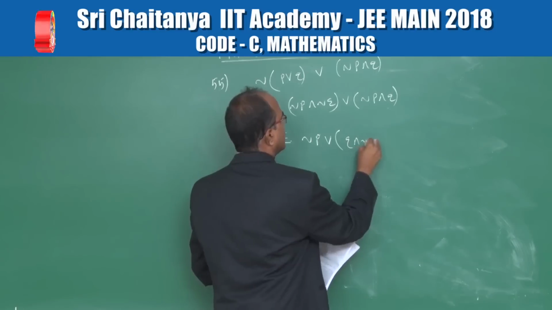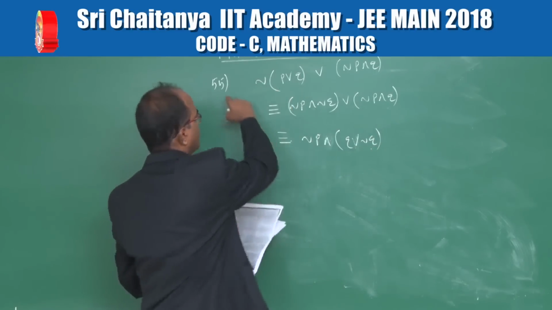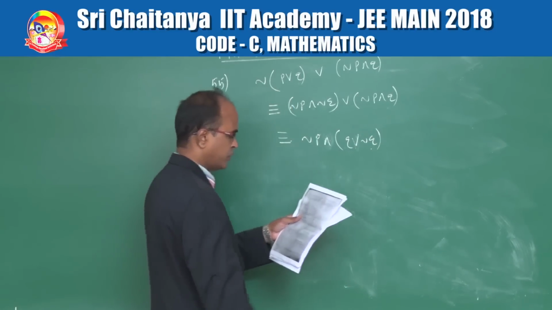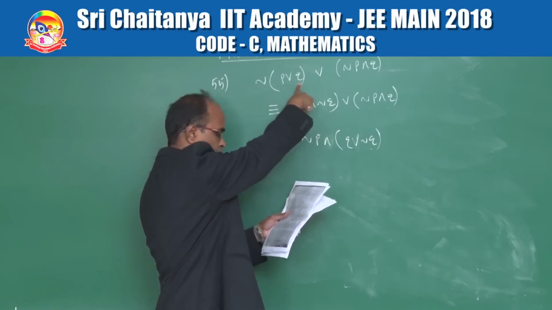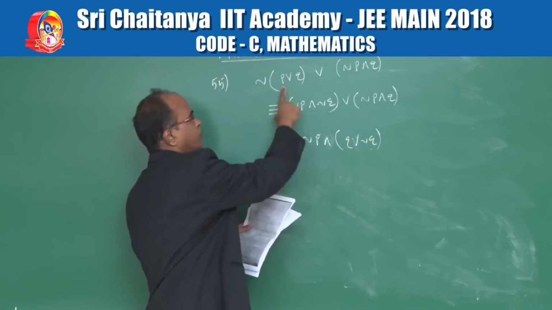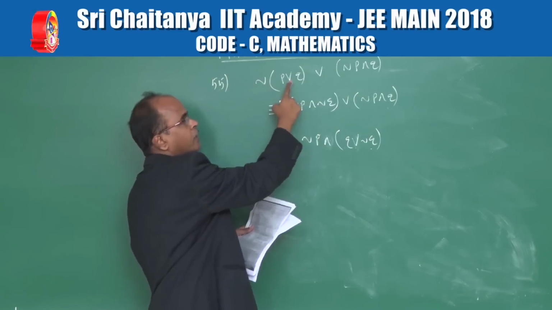We discussed question number 55. We are asked to simplify the Boolean expression not of (P or Q) or (not P and Q). To simplify this, first we apply De Morgan's law.